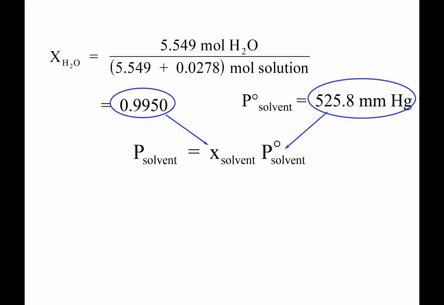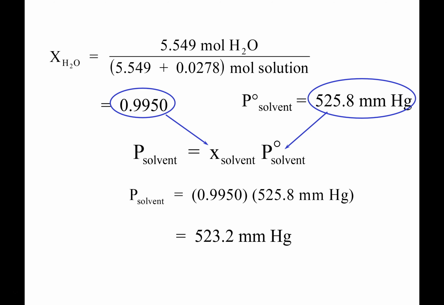So one last multiplication: 0.9950 times 525.8. With 4 sig figs, we're looking at a lowered equilibrium vapor pressure of 523.2 millimeters mercury. Okay, so that is your equilibrium vapor pressure of water to which glucose has been added in those proportions at that temperature.